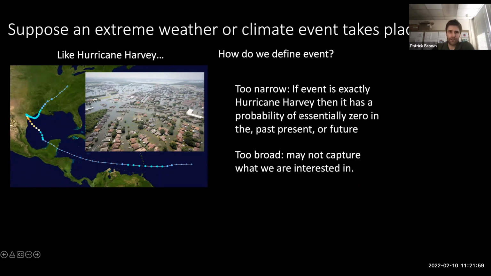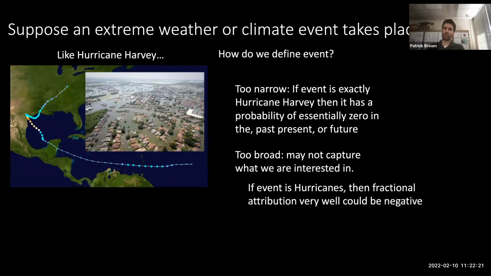And then the problem with being too broad, the other extreme, is that you might not capture what you're interested in, like the actual thing that made this event extreme. So if you just said the event is hurricanes, you might actually get a fractional attribution that's negative for climate change, because we expect the frequency of hurricanes to decrease as it gets warmer.